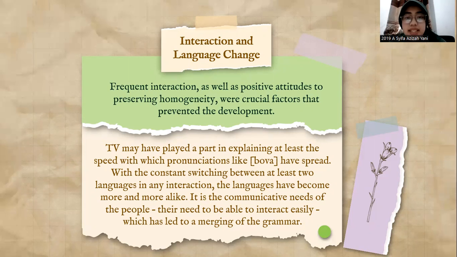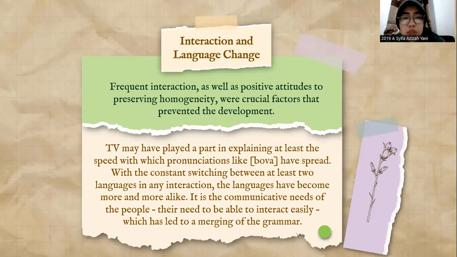By contrast, during the same period, English has changed radically and has been characterized by gross dialectal variation. And TV may have played a part in explaining at least the speed with which pronunciations like vulva have spread.